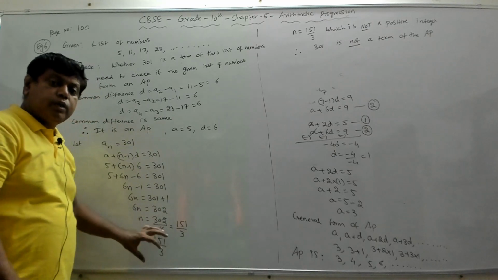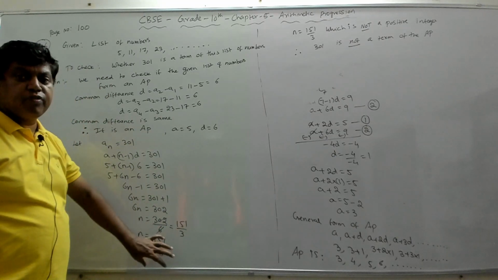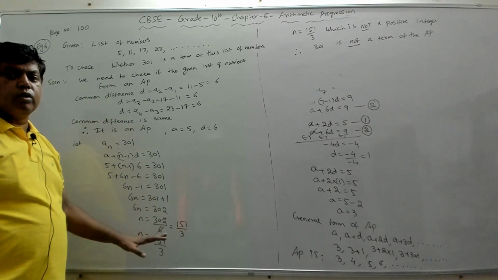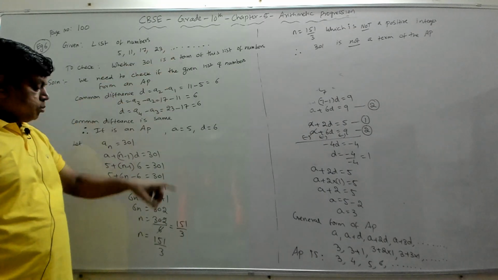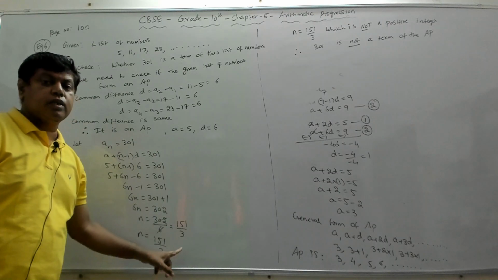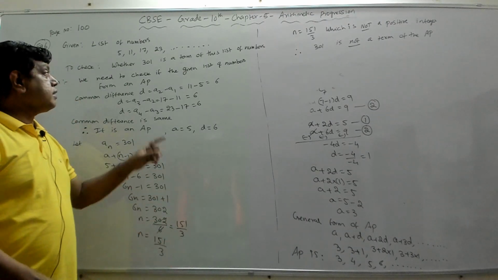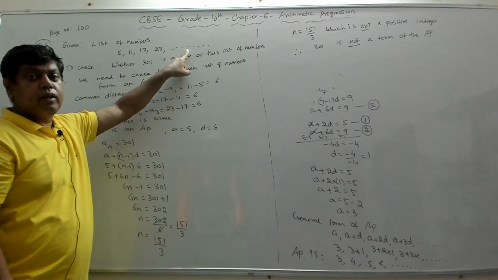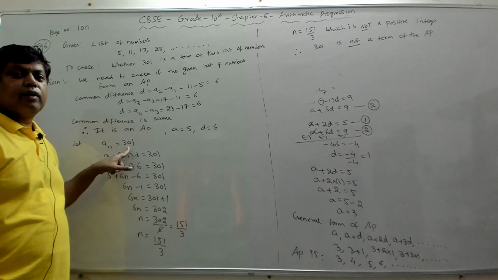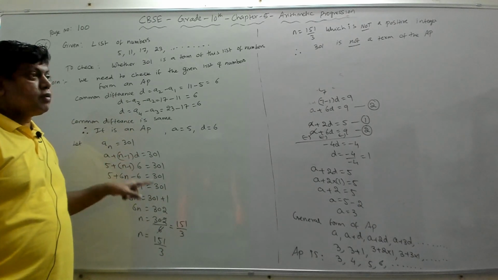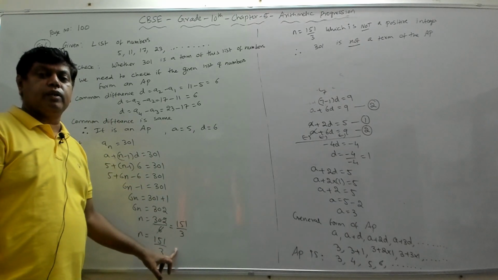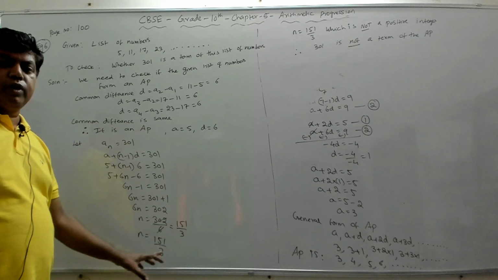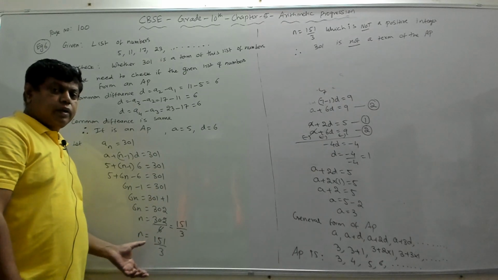Suppose if n is a nice positive integer, suppose n is equal to 50 or 35 or 42, then 301 will be a term of that. Suppose n is 50, then we can say the 50th term of this AP is 301. But n here is not 50, or any positive integer.